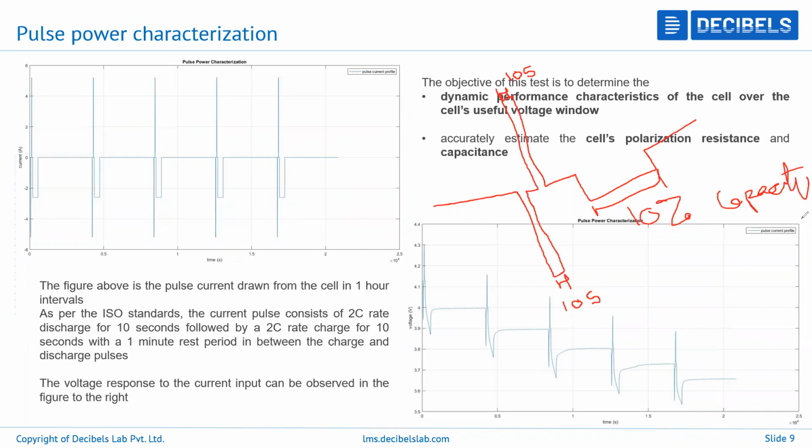This particular cycle is repeated over and over again till the cell goes from 100% charge to 0% charge. It's performed like this because the initial pulses are there to determine how much time it takes for the voltage to respond, or how much time the cell takes to respond.